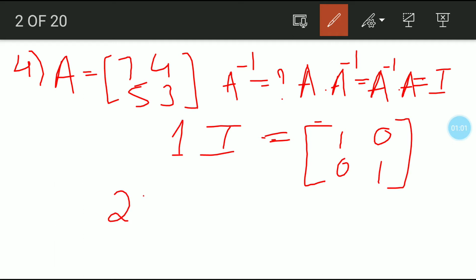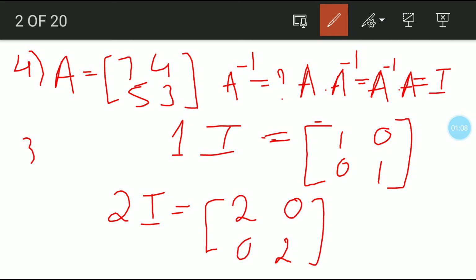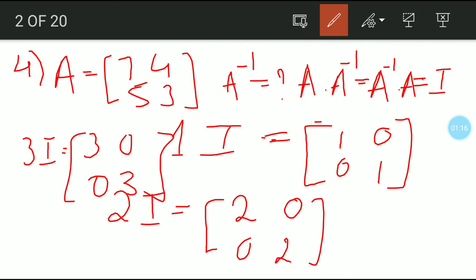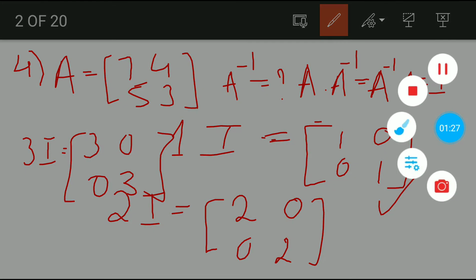Now 2I is going to be [2, 0; 0, 2], 3I is [3, 0; 0, 3], and 4I is [4, 0; 0, 4]. So in such a way, we have to equate it to this one, I. Single I means that. Okay, let's do this.